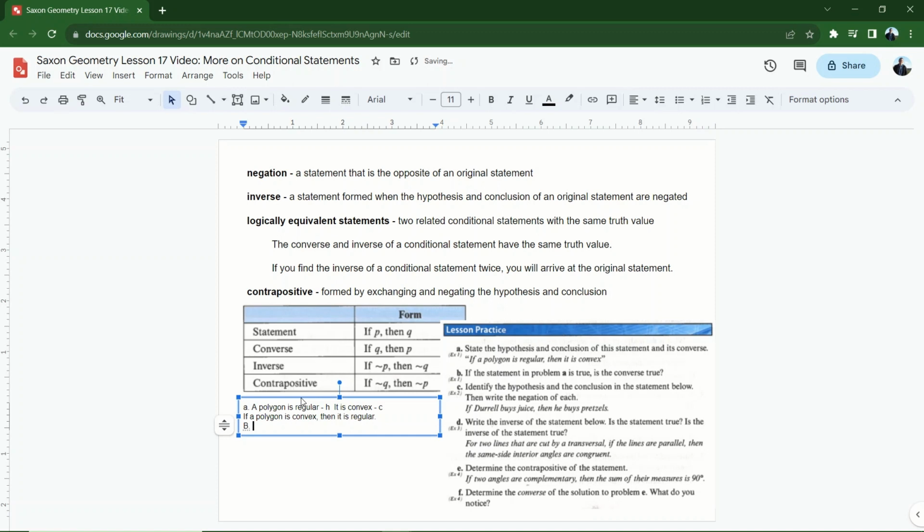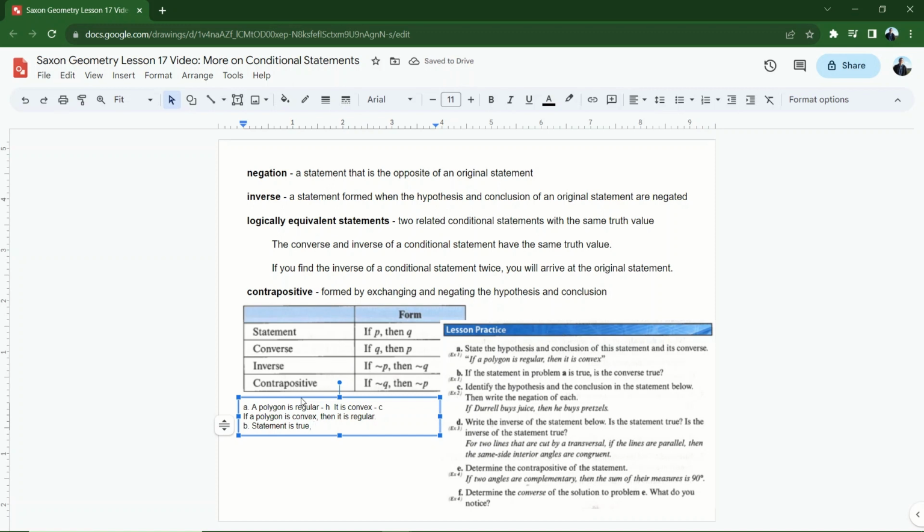Letter B asks me to evaluate the truth value related to the statement and its converse. So if a polygon is regular, then it is convex. The statement is true because there's no such thing as a regular polygon that's concave.